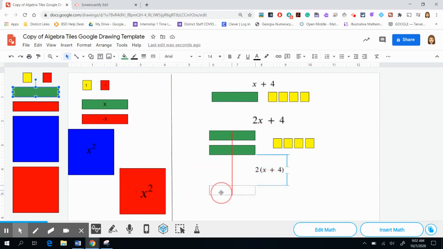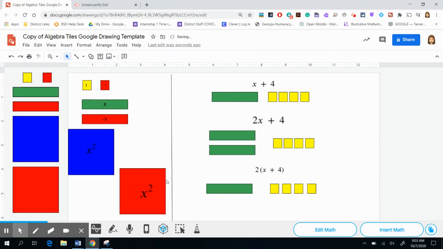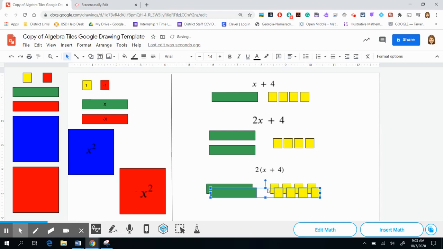So I could start by building 1 group of x plus 4 groups of 1. Because the coefficient is telling me to build two groups of whatever is inside the parentheses, and what's inside the parentheses is x plus 4, then I can go ahead and build a second group of x plus 4.